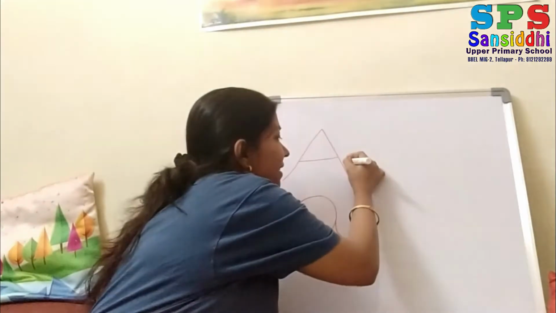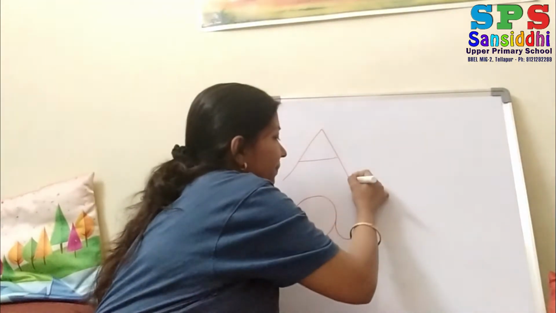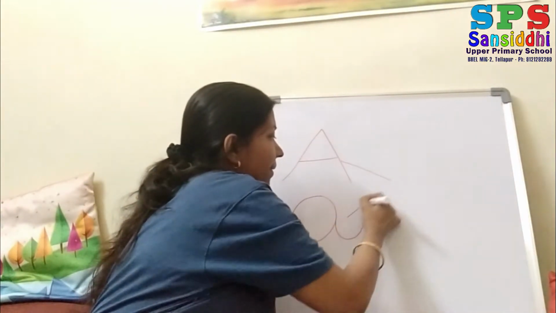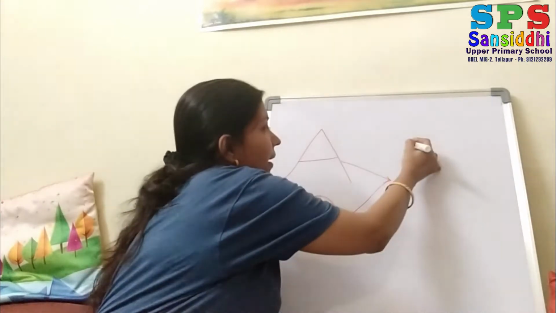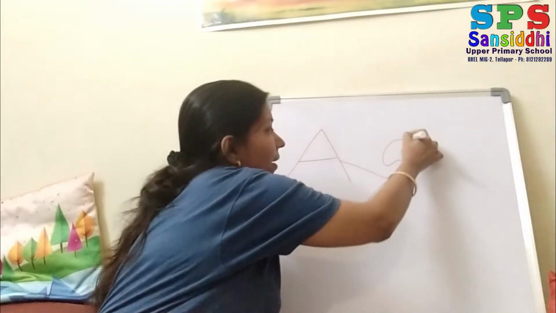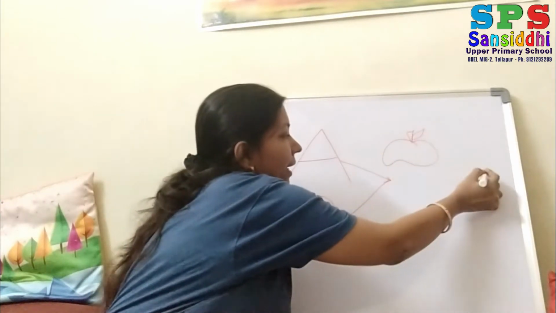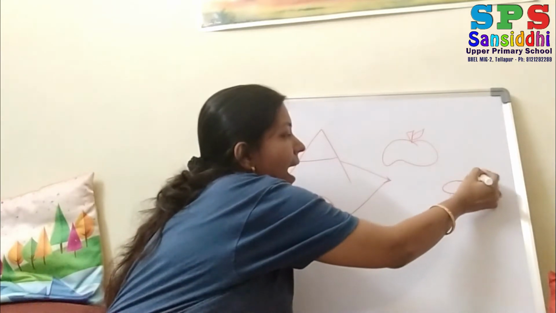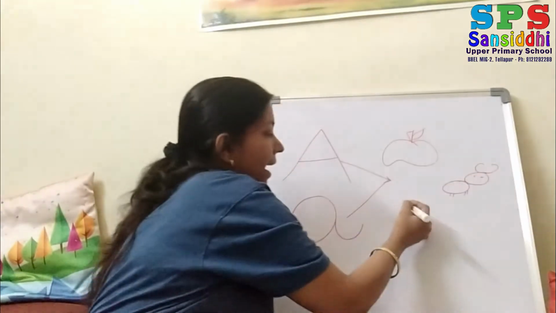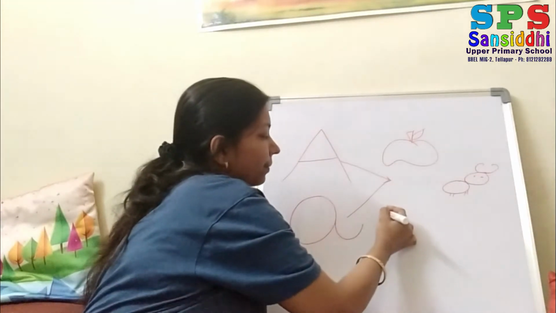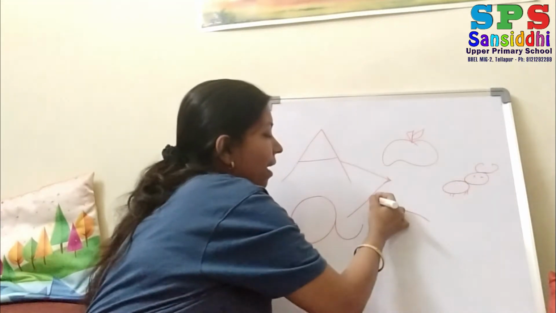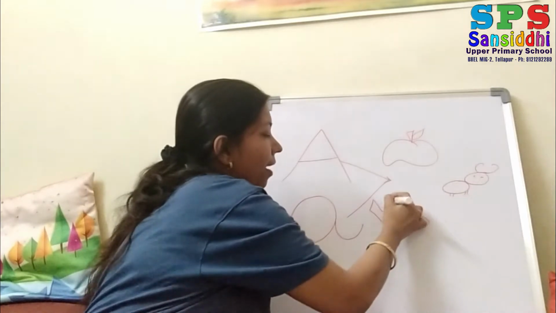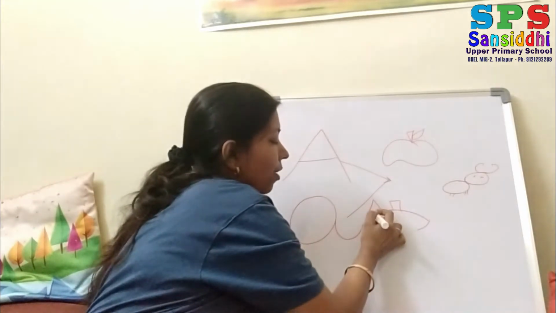Now I am drawing something, okay? Look here. See. A for apple. A for ant. Okay. A for aeroplane.